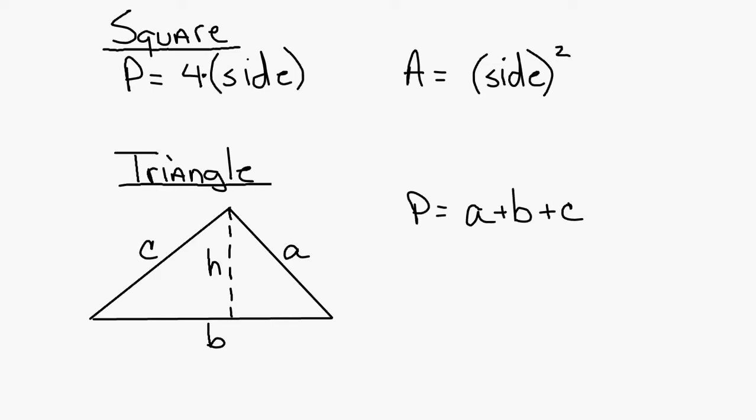This symbol right here, this little half of a red box, that's the symbol for 90 degrees. The height of a triangle is always perpendicular to the base of the triangle, which means a segment representing the height intersects the base at 90 degrees all the time, always, forever. Area of a triangle is equal to 0.5 times the base times the height.